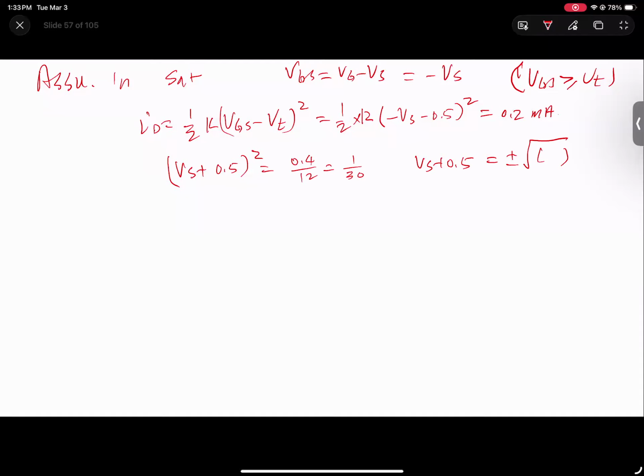Otherwise you will get one solution and might say this is not right, but actually you forgot there's one more solution.